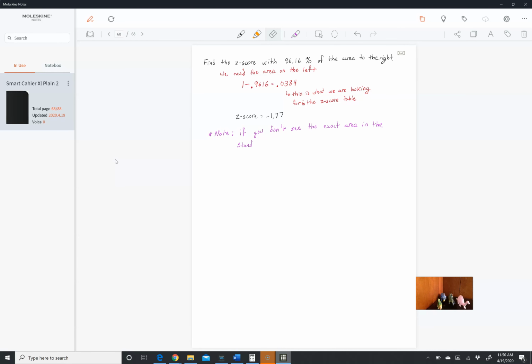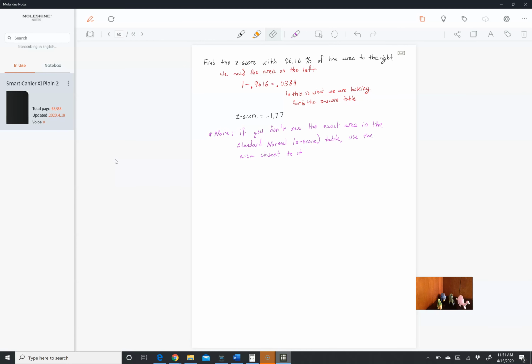Standard normal table, which is the z-score table. And you're just using the area closest to it.